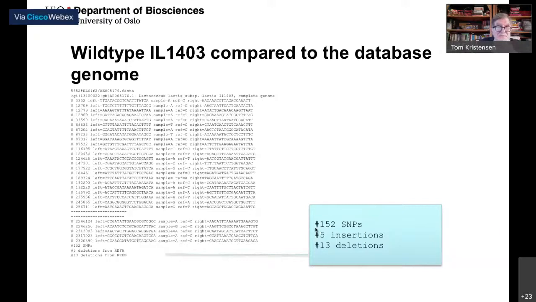But this was when we compared the reference genome to the sequence we had from the unmutated Lactococcus genome. Which told us that even though it was the same strain as the one which had been sequenced and put in the databases, there were differences in the sequence.